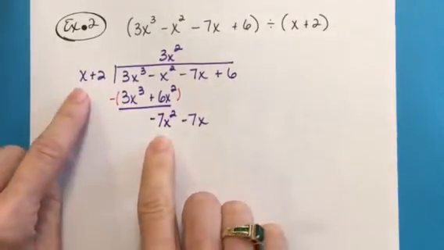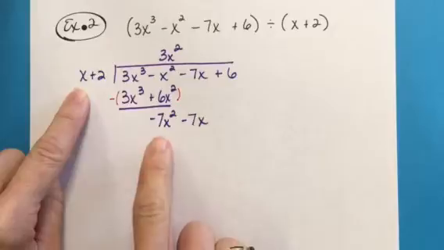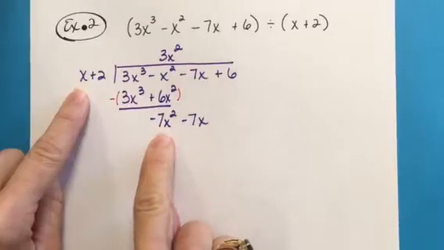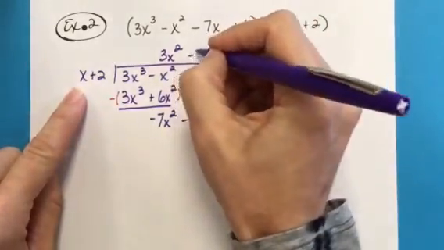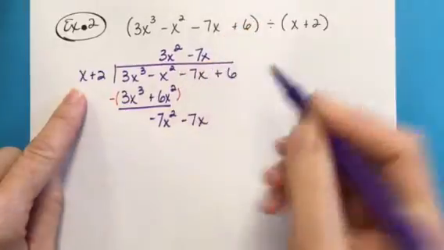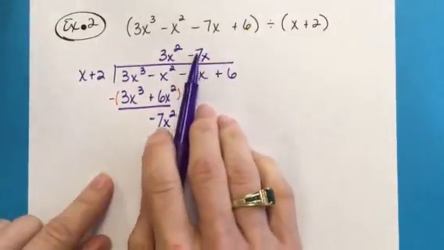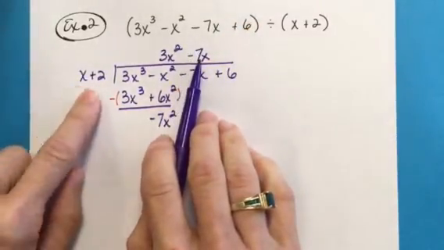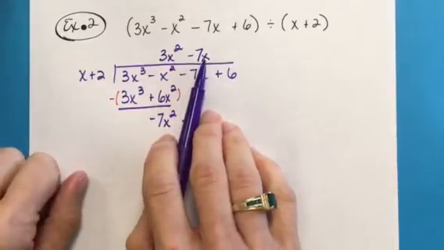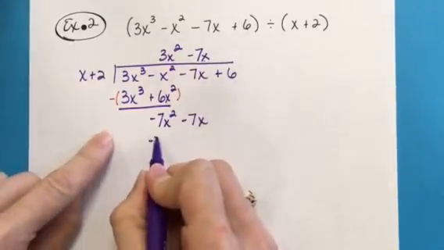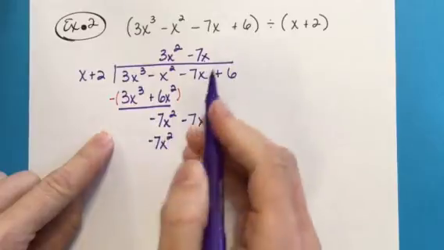Okay, so now what do I need to multiply the x by to get the negative 7x squared? And that would have to be a negative 7x. Okay, so now taking this, multiplying it times both terms out front. So negative 7x times x is negative 7x squared.